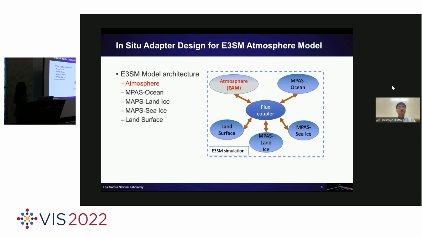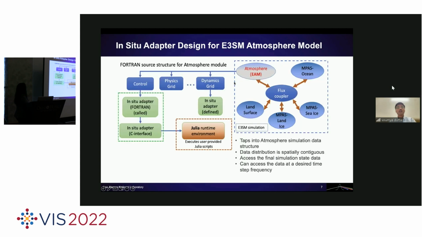So a little bit about our modeling. We have multiple modules in E3SM as shown in the right-hand image, and we are only focused on the atmosphere module. And the way we did our in situ integration is shown here. The atmosphere module internally has multiple modules again. So you have the dynamics grid, the physics grid, the control module, and several more others.